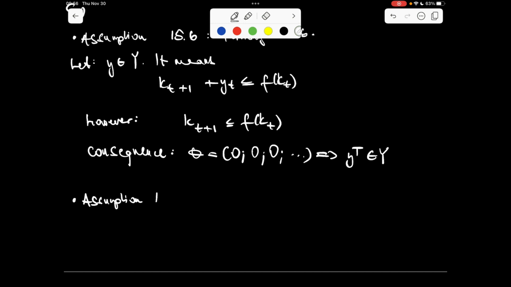Assumption 15.7 regards the preferences.